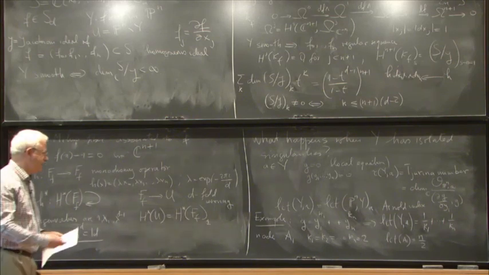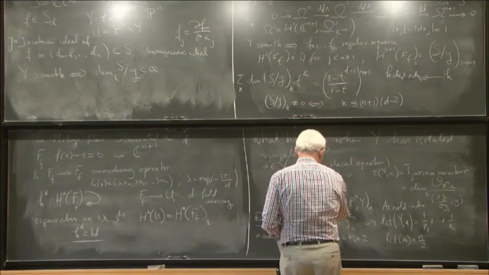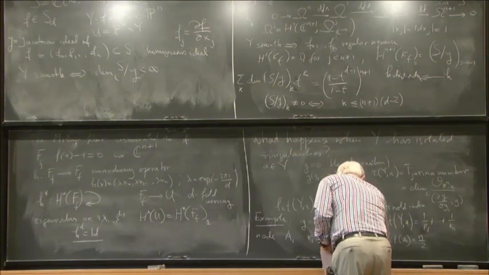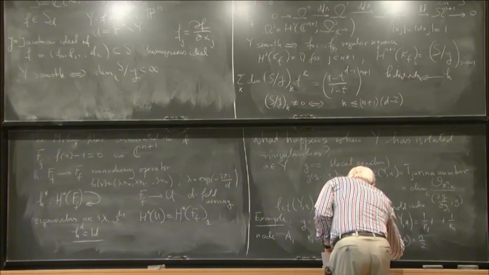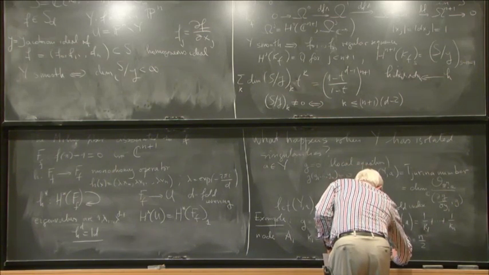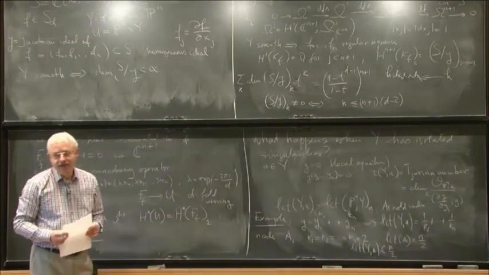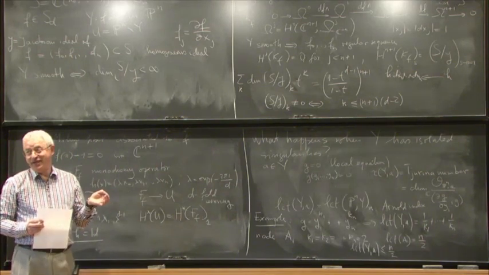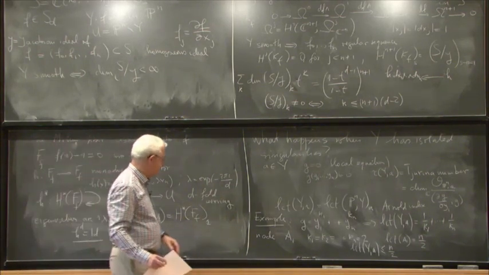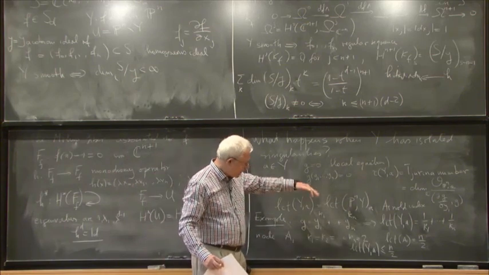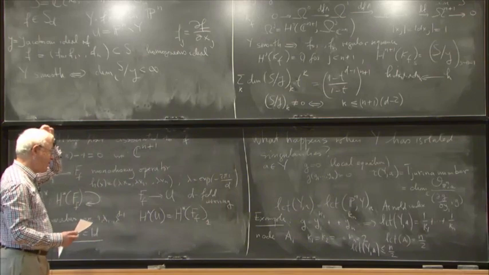Using this definition, it is easy to show that if we are in dimension n, then for any singularity, this invariant is at most n over 2 and is equal to n over 2 if and only if it is a node. So the nodes have the highest possible invariant. This will be the interesting part.